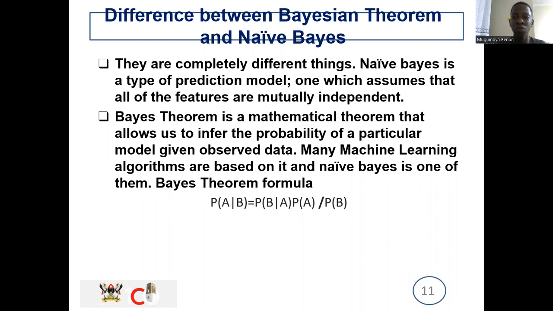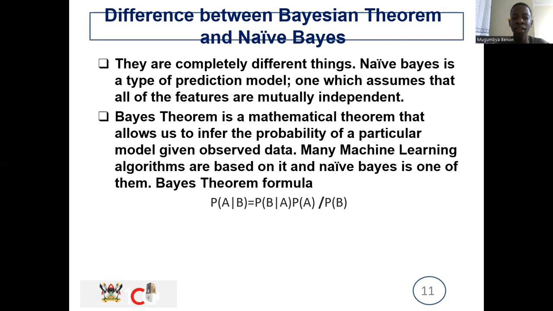Bayes theory is a mathematical formula that allows us to infer the probability of a particular model given observed data. Naive Bayes is just an AI prediction model within our sklearn toolkit, but it depends on Bayes theory.